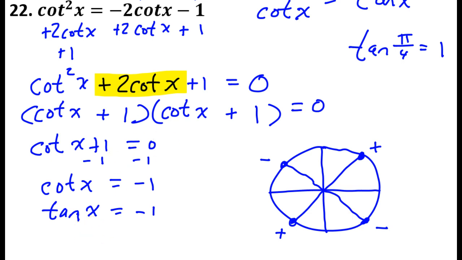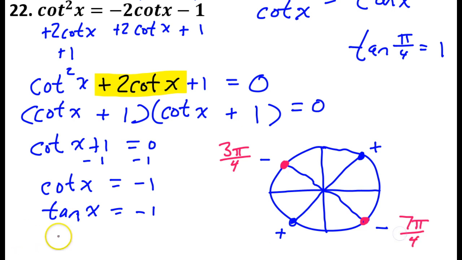So for this particular problem, we want the tangent to be negative. We want -1 specifically. So we want this angle and this angle to be the solutions. So what are these angles? Well, right here, this is 1 pi over 4, 2 pi over 4, 3 pi over 4, 4 pi over 4, 5 pi over 4, 6 pi over 4, 7 pi over 4.